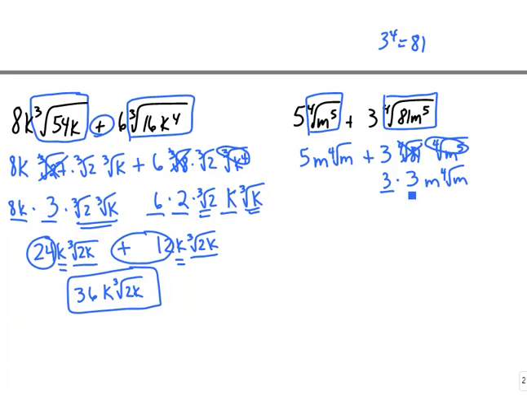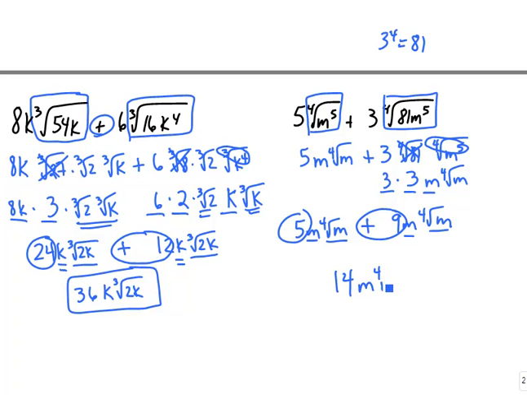So we get 3 times 3, or 9m, fourth root of m. And that's how the second term combines. So when we add that to our first term, the m's on the outside match, the radicals match, so 5 plus 9 is 14m, fourth root of m. And there's our solution.